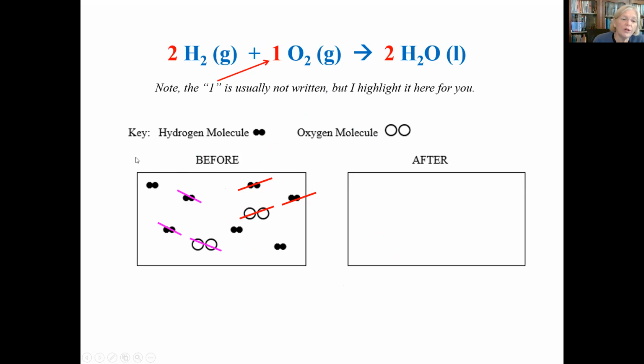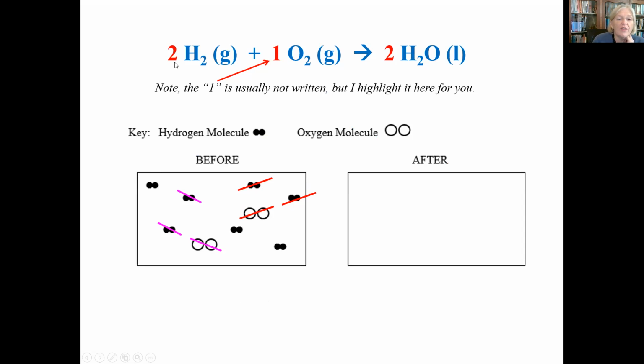So for this situation, I'd like to consider the coefficients as being particles. Now, this is a reaction chamber, and I'm not trying to represent the balanced chemical equation. Instead, I'm giving you an amount of reactants. I am giving you 2 oxygen molecules and 7 hydrogen molecules.